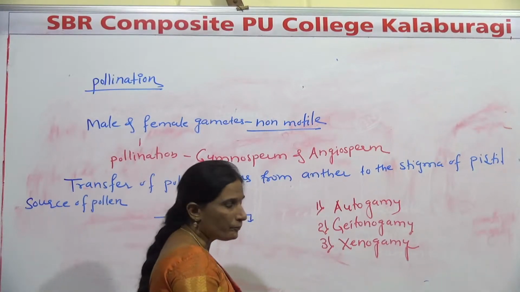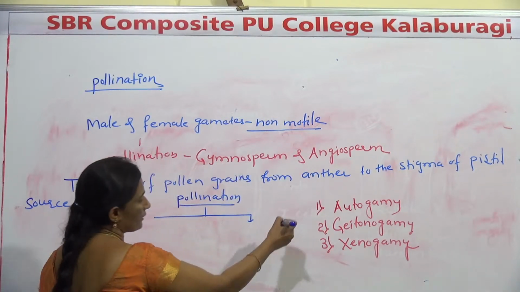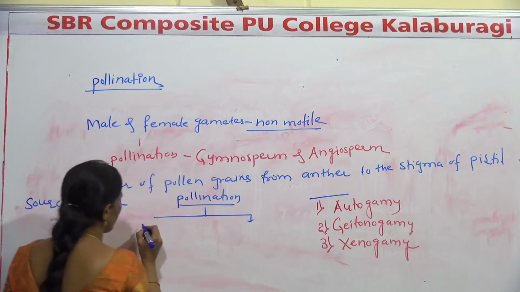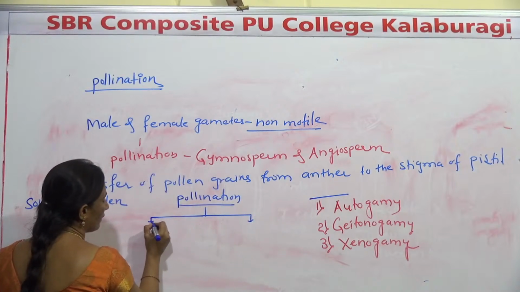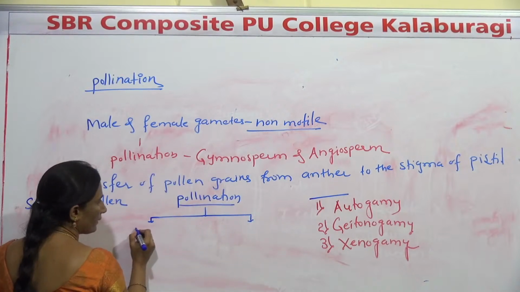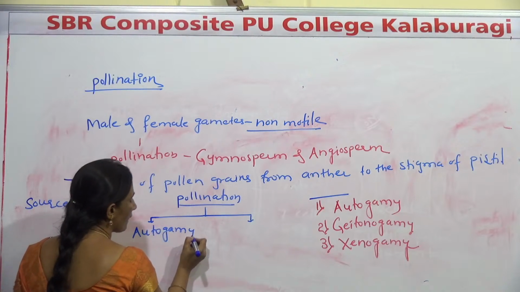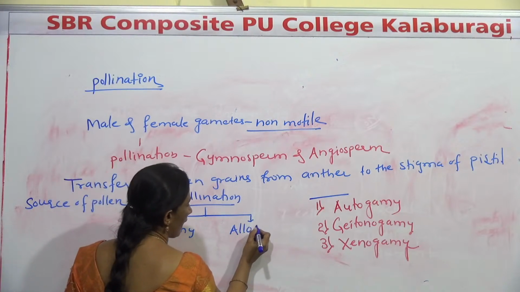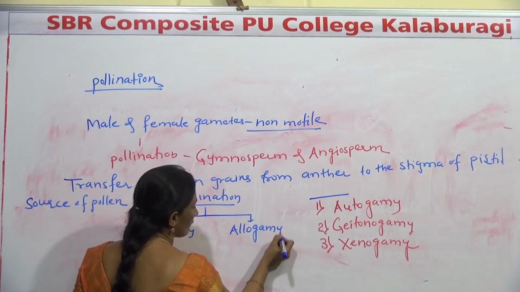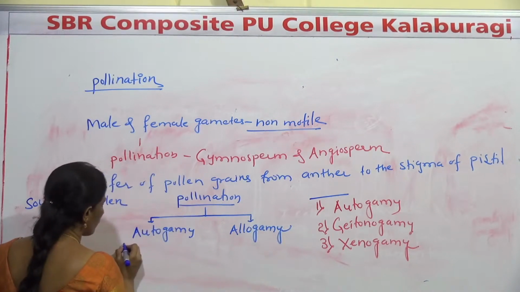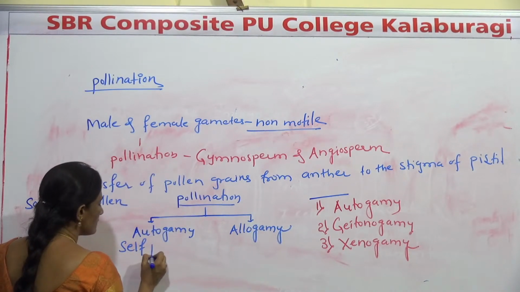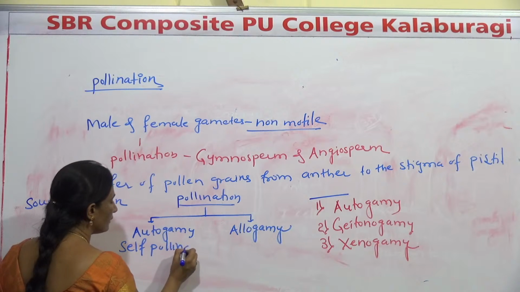Is it clear? Here, before explaining, as per the NCERT pollination form, we can tell autogamy and allogamy. Autogamy is nothing but self-pollination.